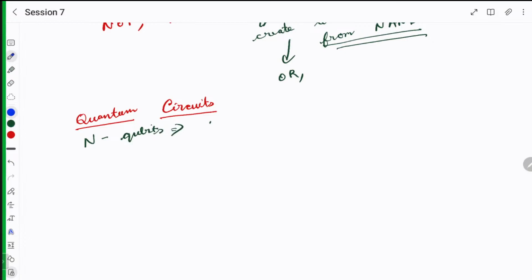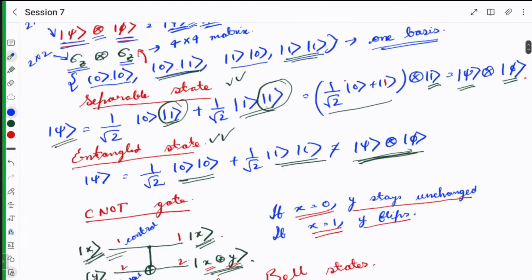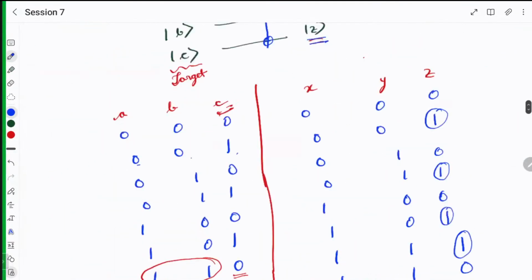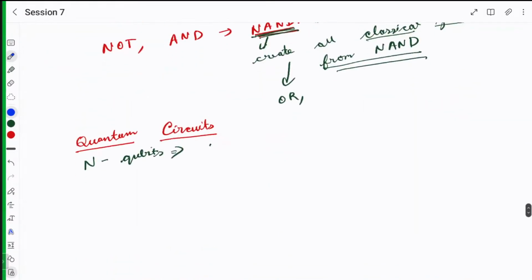Can anybody say? For 2 qubits, we have seen that the Hilbert space is C2 tensor C2, right? So if there are n qubits, then what will be the Hilbert space? You can also answer in the chat if you like.